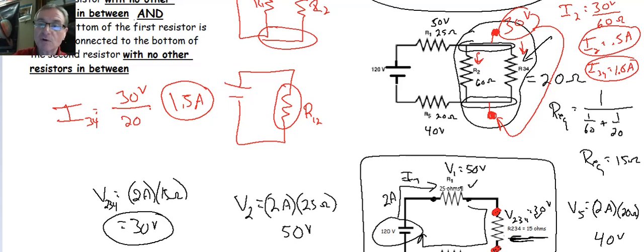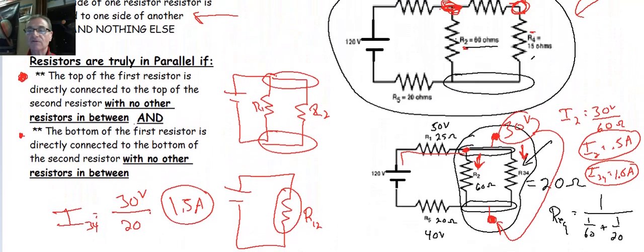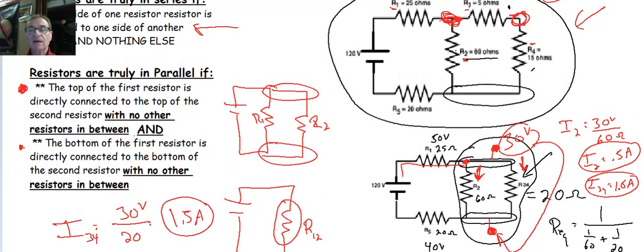Because remember, the total current leaves the battery, goes through R1, gets to this junction point here, and it splits. Some of it goes through R2, and some of it goes through R34. And now we actually know how much, right? We have half an amp going through R2, and we have 1.5 amps going through R34. We can then finally take that good information and apply it up here.